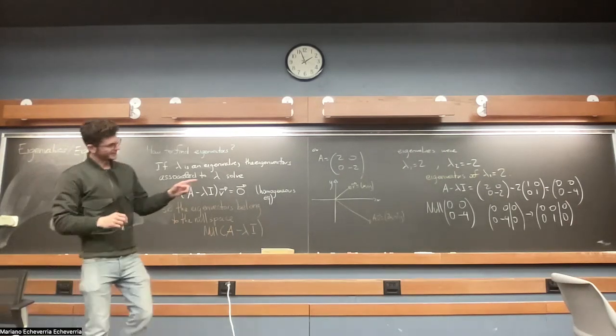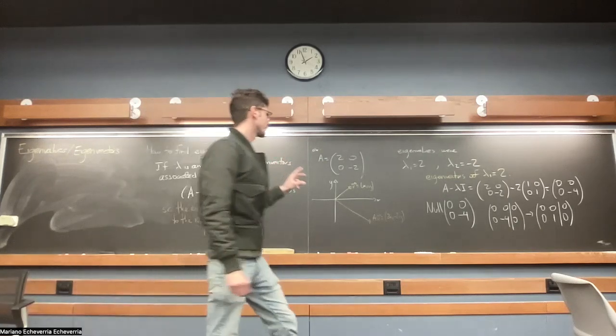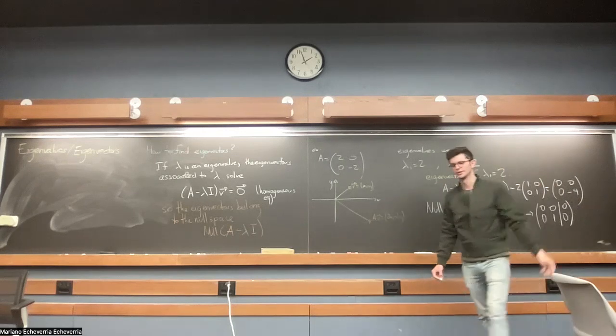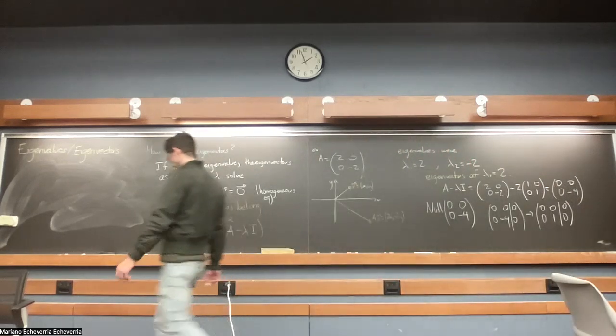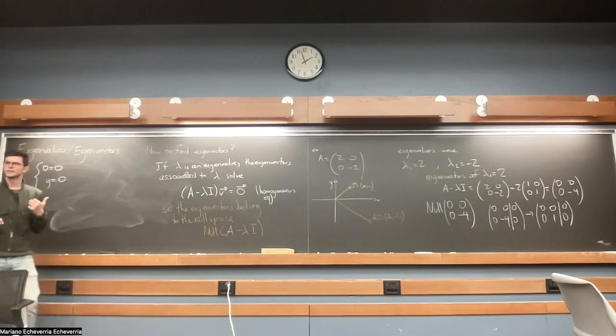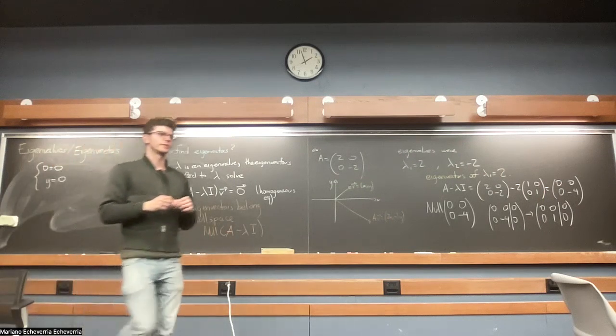So what's a homogeneous system here? If you wanted, you could also have changed the rows, but it doesn't really matter to read the system of equations. The first equation just says 0 equals 0, which is not useful information, and the second equation says y equals 0, right? So only the second equation really matters here.